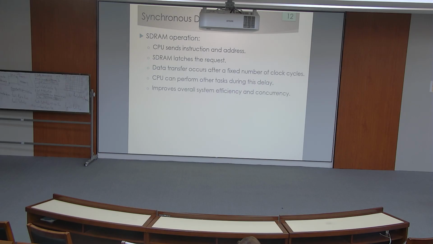Because the central processing unit and the synchronous DRAM are in coordination with the external clock signal, the central processing unit will know that the data will be returned within a fixed number of clock cycles. That means that the CPU can perform other tasks while waiting for the data to be returned. And this will improve the overall computer system and its concurrency. So this is how the synchronous DRAM works. The central processing unit needs to send the instruction and the data.